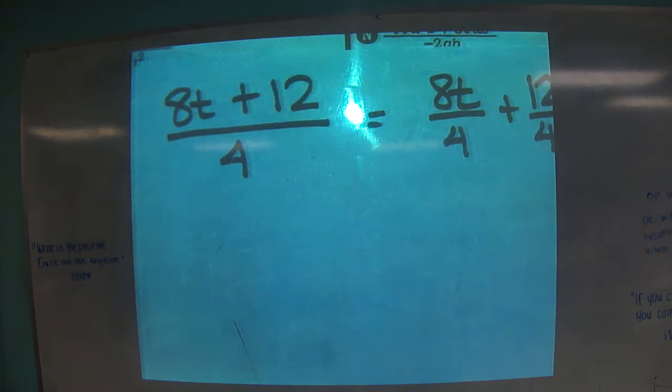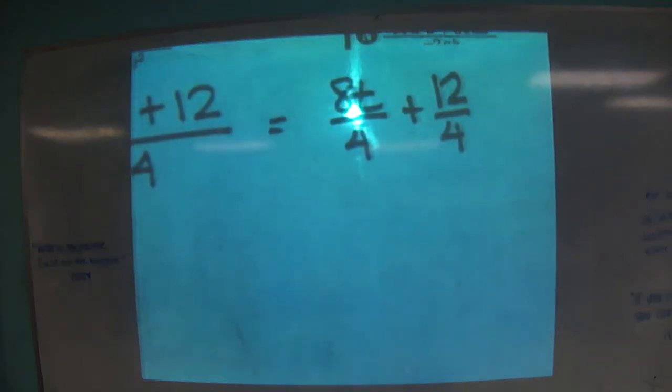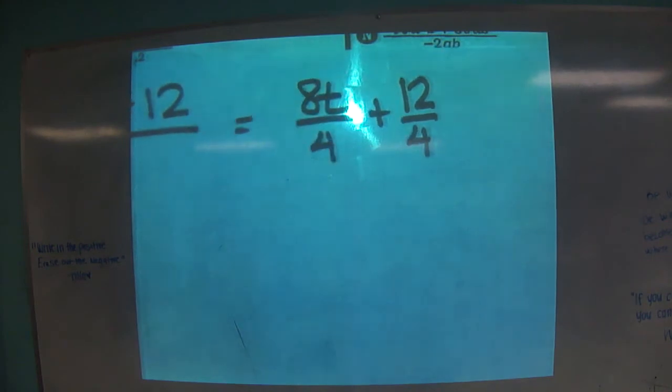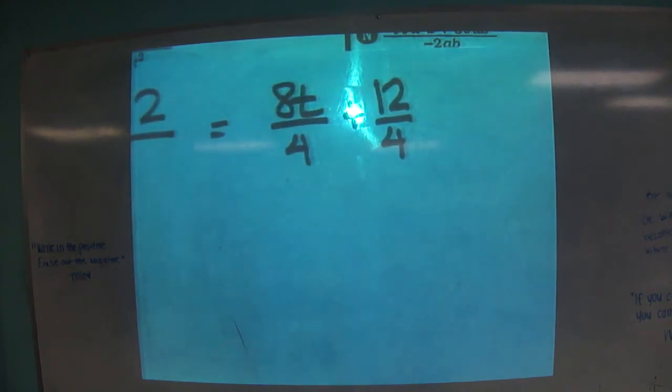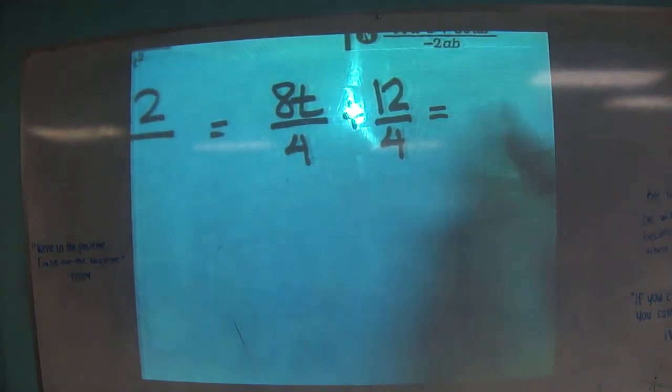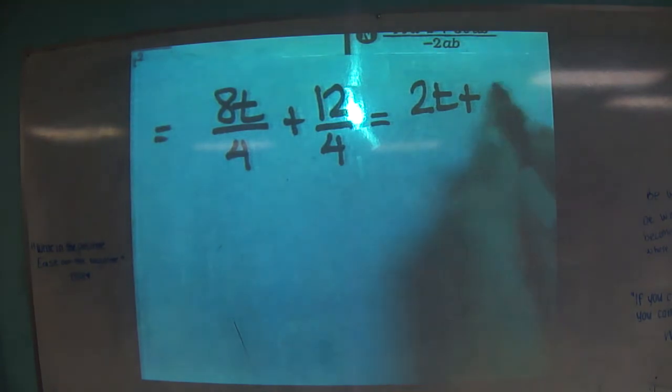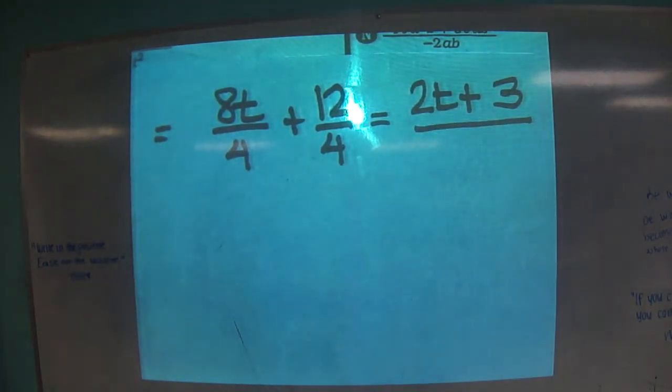Can you do that? Sure. So, can you simplify 8 and 4? How many 4s in 8? 2. 2t plus, how many 4s in 12? 3. And that's your answer. Great. Simplifying fractions is easy. We don't want you to know that because we want to keep you afraid of it. No. It's actually very easy.